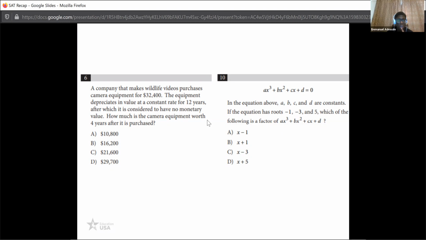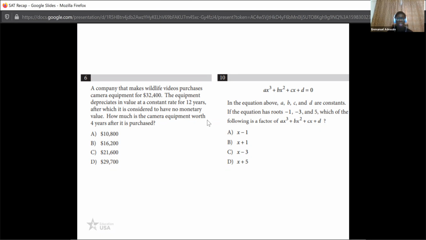I do think that was a good way of thinking about it, but I think part of what ended up backfiring was the fact that the value that choice A gives us is actually the amount in dollars by which the value of the camera equipment decreases, but not the actual value that it is after it's purchased.